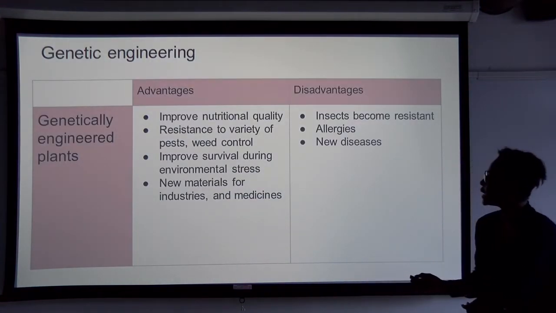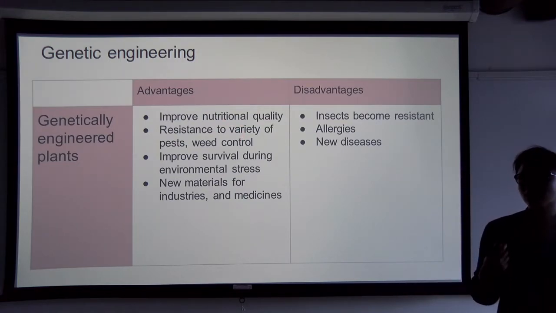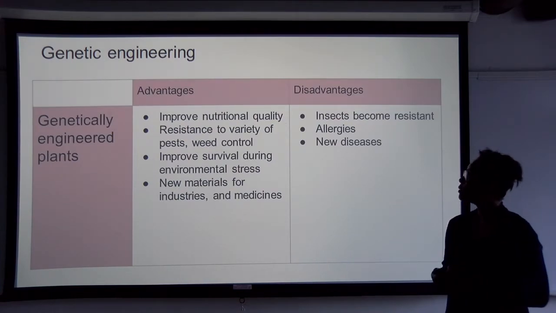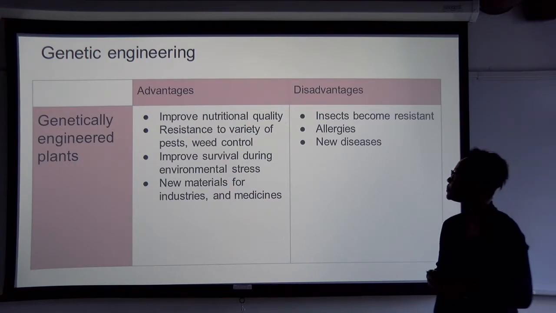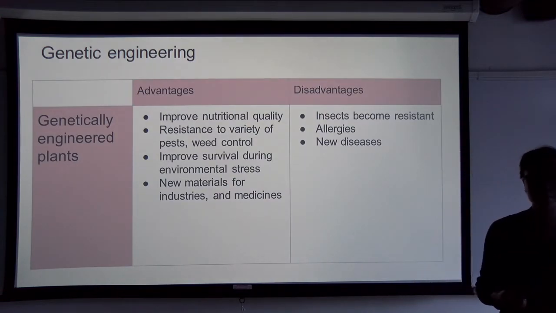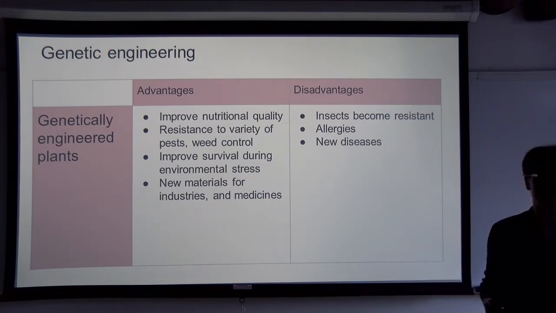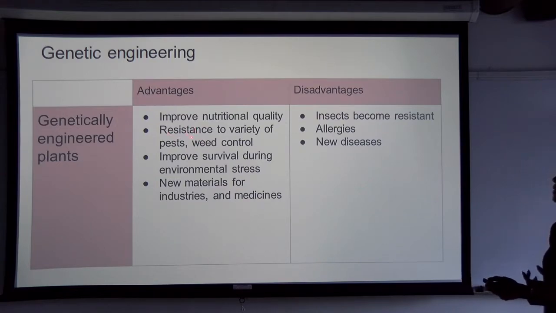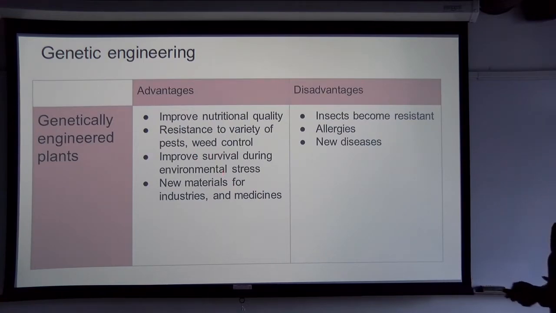Genetic engineering advantages: we can improve nutritional qualities, where we could now insert maybe vitamins. If we want to reach a population that has vitamin deficiency, we can add nutrients into rice, say. We could create plants that are resistant to diseases or pests, or even make weed control easier.